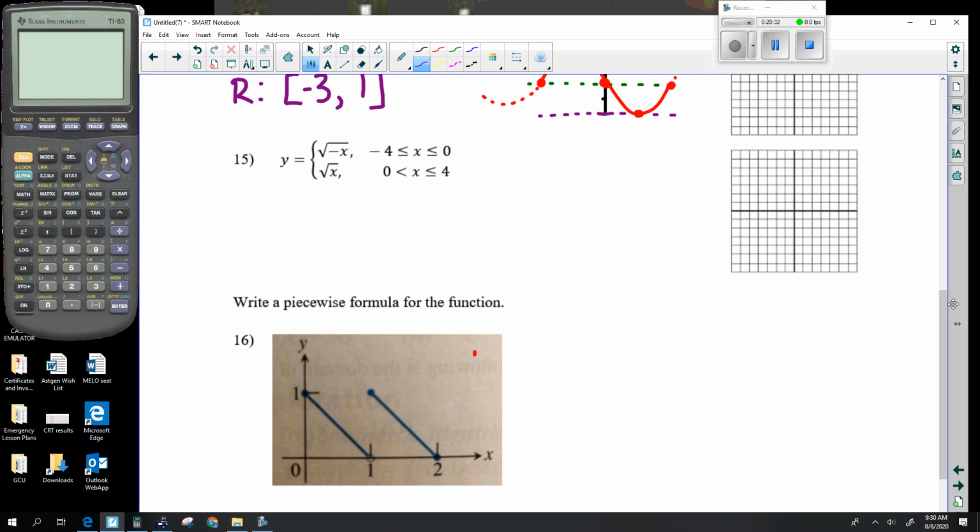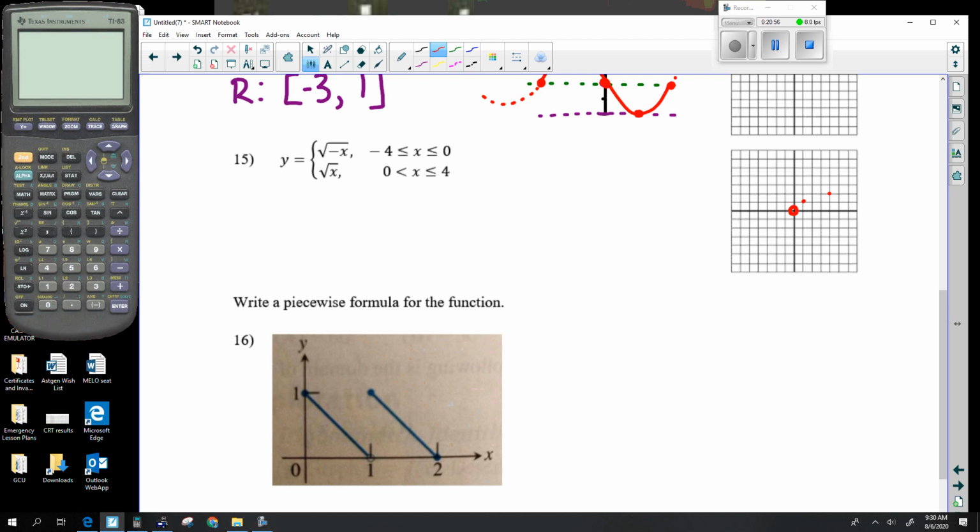All right. Here's a piecewise function. Not a big deal. I'm going to go with the bottom one, the square root of x. The square root of x goes from 0 to 4, and so that would be open dot 1, 3, 5.